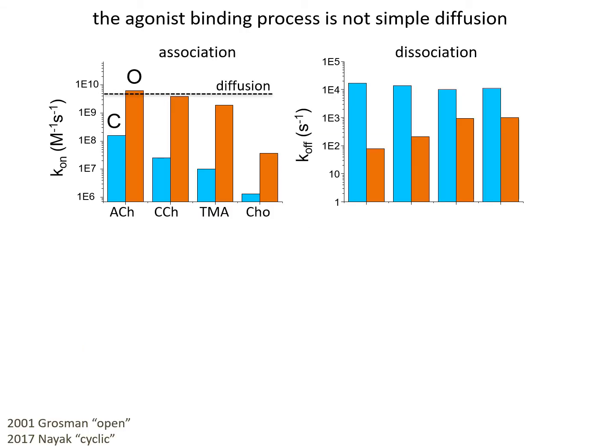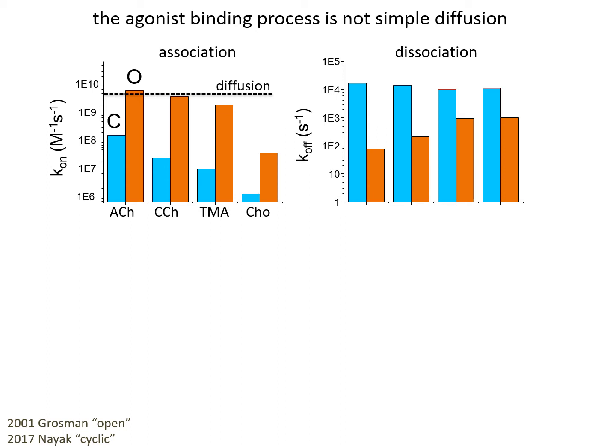So to understand this, we have to talk a little more about agonist binding. Agonist binding to nicotinic acetylcholine receptors is not by simple diffusion. So these values are the on rate and the off rate, the association and dissociation rate constants for 4 different agonists to an individual binding site.